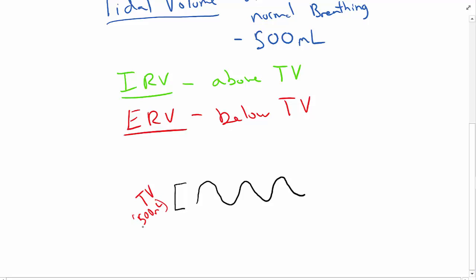Now this right here is the peak of inspiration, and then this is the lowest point of expiration. Okay, so you can see how we're going back and forth, inspiration and then expiration.